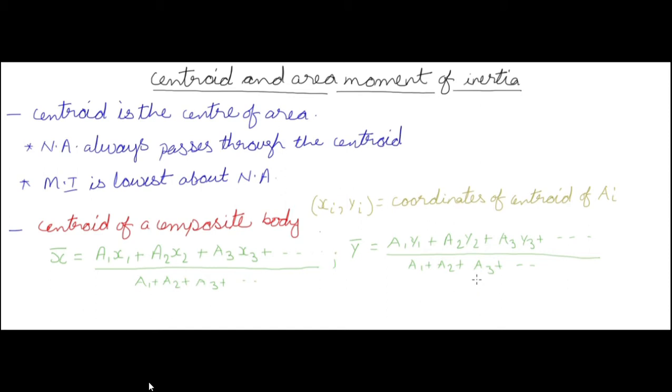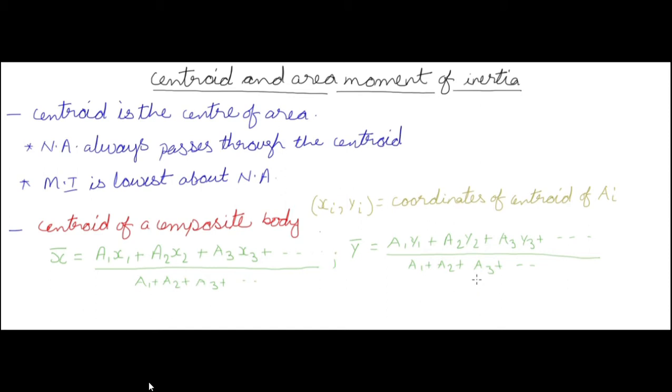So the centroid of that composite body, which is made of different types of areas combined, is found using the formula x bar is equal to a1 x1 plus a2 x2 plus a3 x3 and so on, divided by a1 plus a2 plus a3.